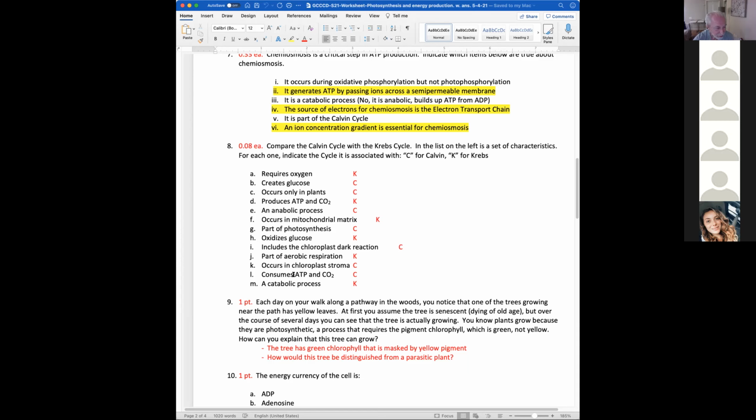So where consumes ATP and carbon dioxide, where do those two components come from? Where does the ATP come from? Does the ATP come from the Calvin cycle?